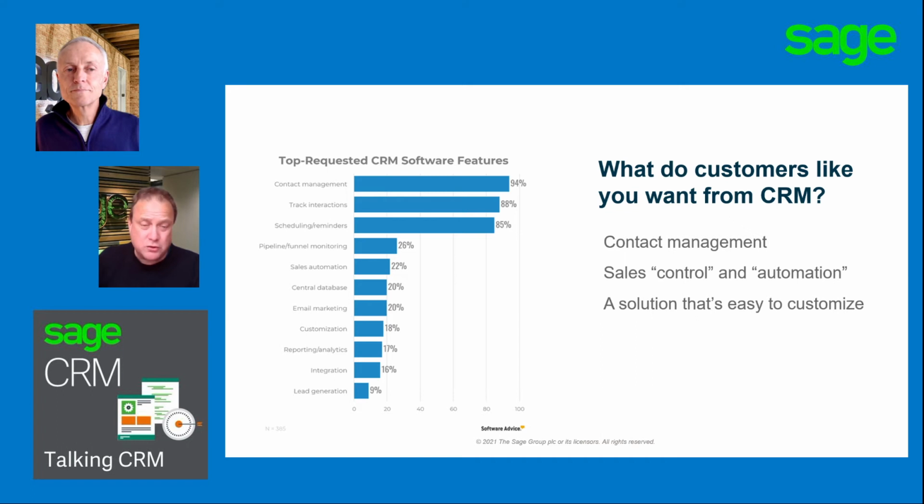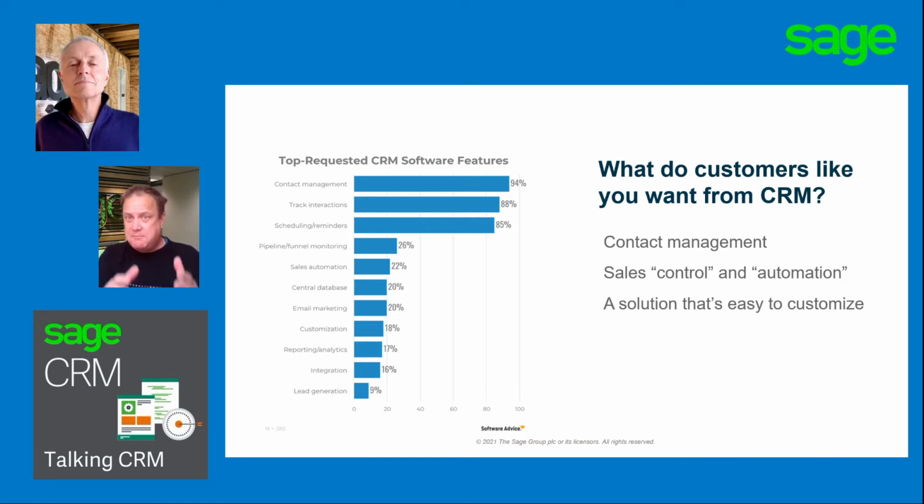And about a quarter of buyers will then want to have some control over, not necessarily full sales force automation, but at least pipeline management, being able to see what's happening with the sales funnel, and then some people want to go on and look at sales force automation.